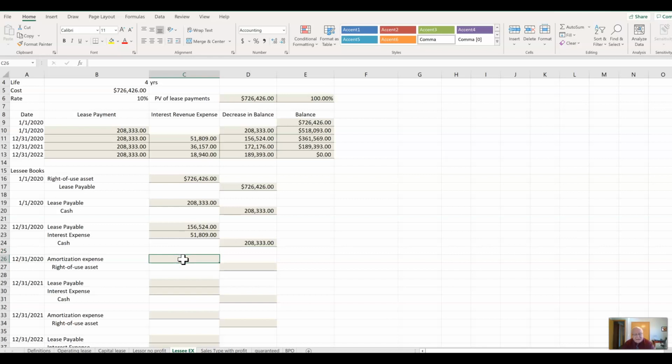Because this is like a sale, we now have the asset as a capital lease, so we have to amortize the right to use. It's kind of like we did before. It's going to be the $726,426 divided by 4. And before I get carried away here, I want to do the round function.